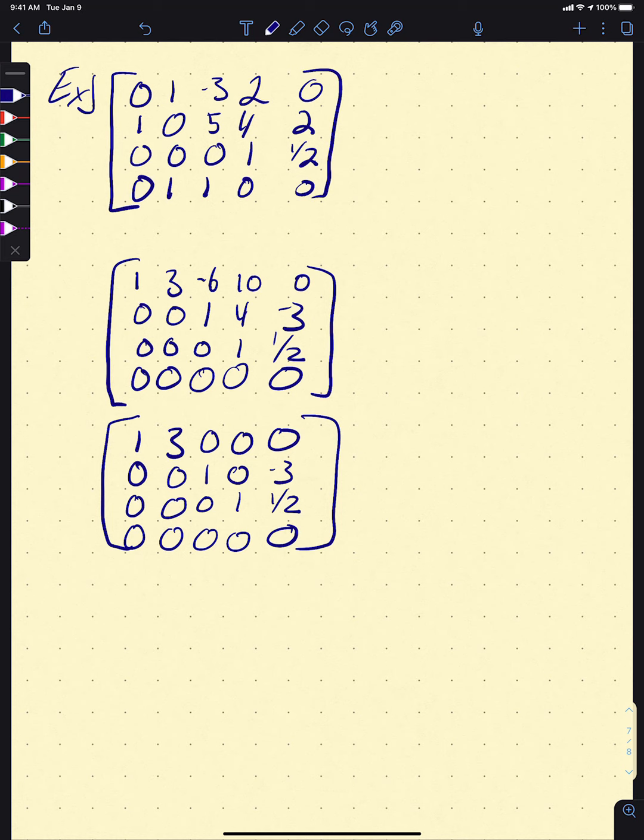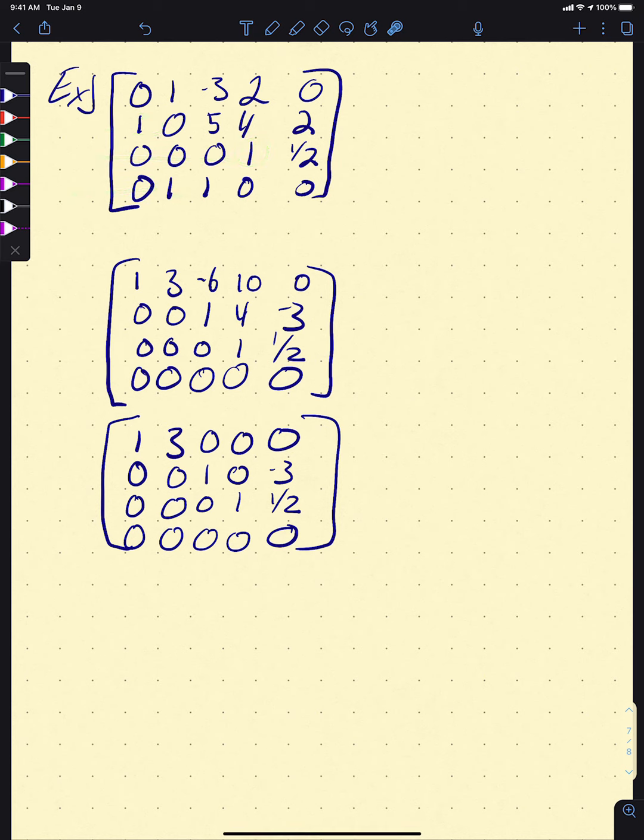So I have some examples cooked up for you of 3 matrices, and let's look at if any of these are in row echelon form or reduced row echelon form, okay? So let's take a look at this first matrix, okay? We see that the first thing we need is that the first non-zero entry of each row is a 1. So we walk this way, we hit a 1, which is great, 1, that's great, 1, that's great, and 1, that's great, okay?